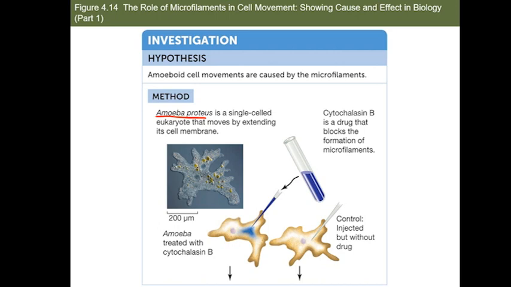So the amoeba is treated with cytochalasin B, and this one is control injected, but without the drug, to see if just poking with a needle makes it stop moving. Cytochalasin B is a drug that blocks the formation of microfilaments. Really bad news for a cell.